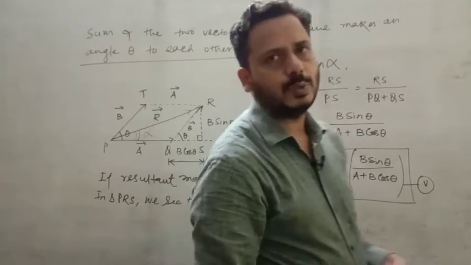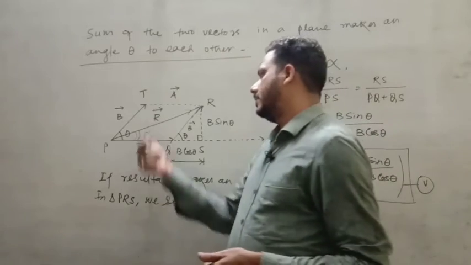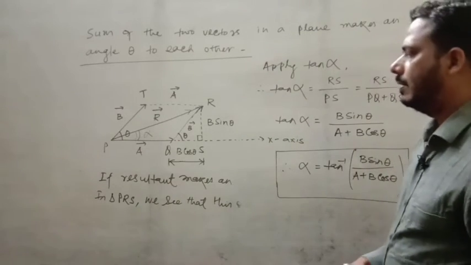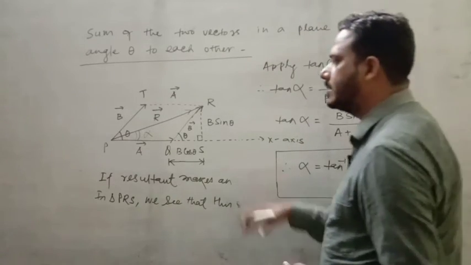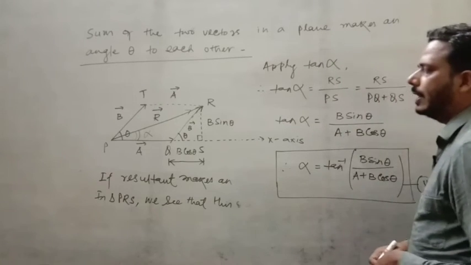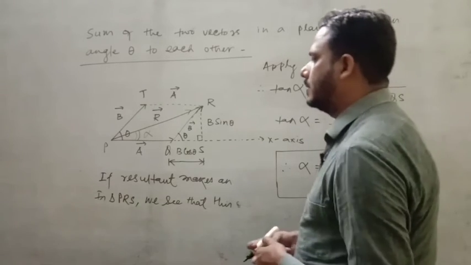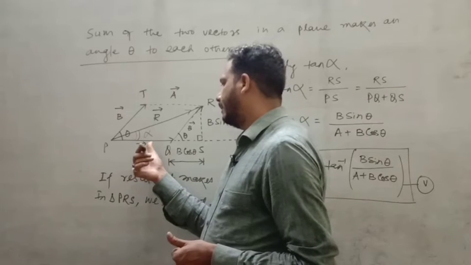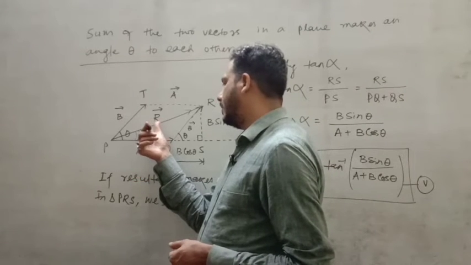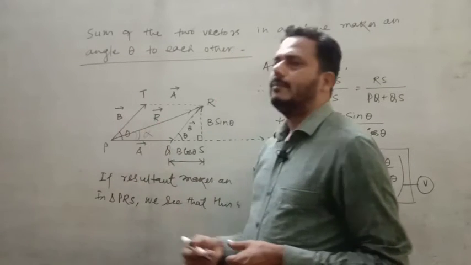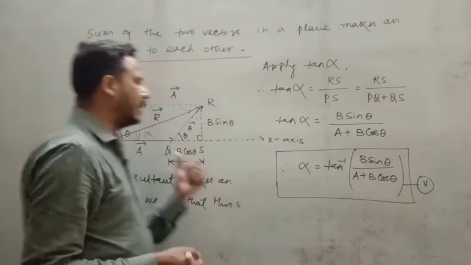Sometimes someone asks, if this resultant makes an angle alpha with vector a or horizontal, to find the angle beta from this vector b.